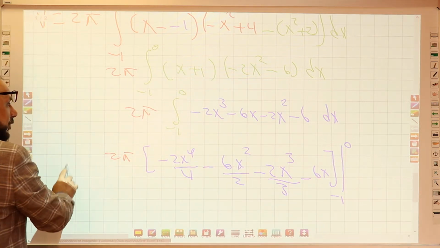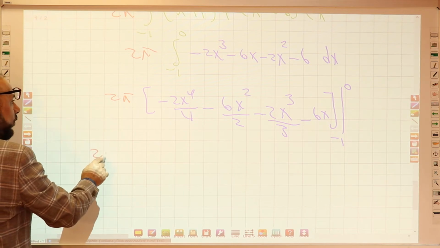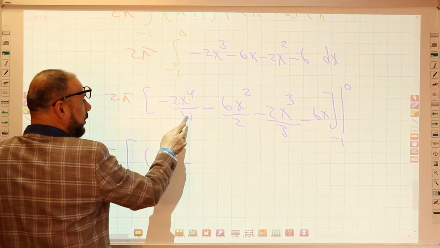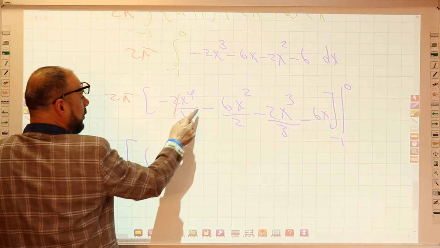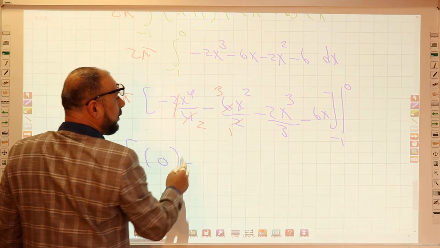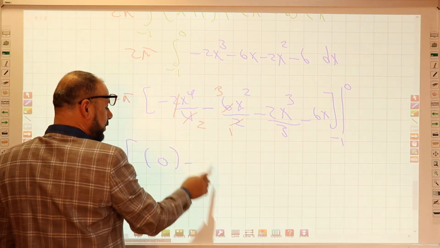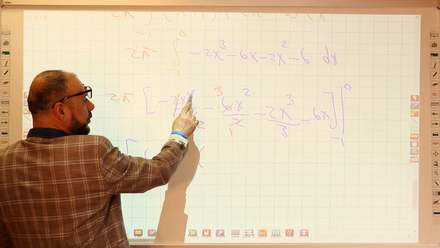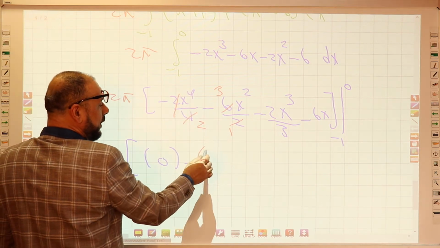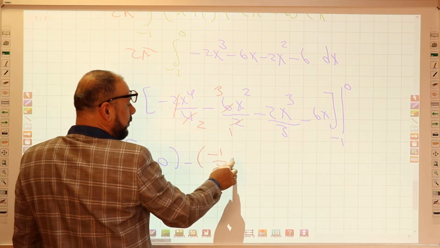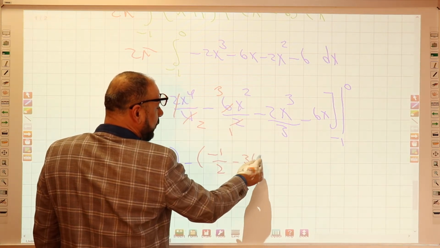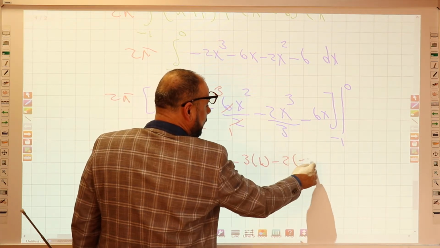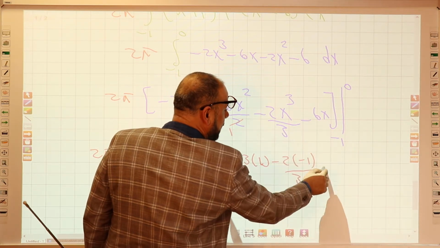Now 0 gives me 0 for all of them, with the 2 pi. Then 0 minus: if you have negative 1, negative 1 to the 4th is 1, so it's going to be negative 1 over 2, minus 3 times 1, because negative 1 squared is 1, minus 2 times negative 1 cubed, which is negative 1, over 3, negative 6 times negative 1, plus 6.